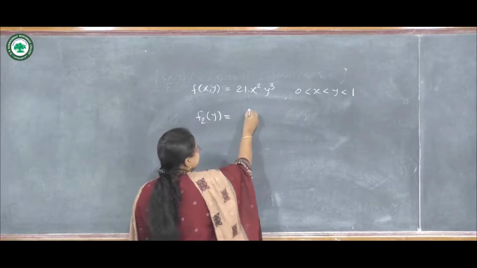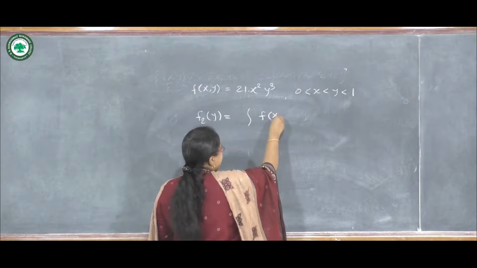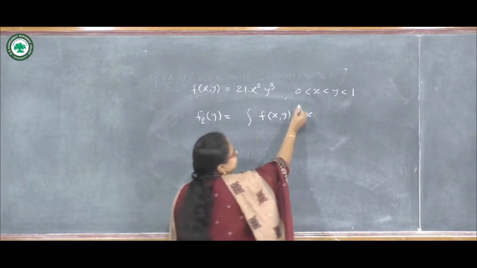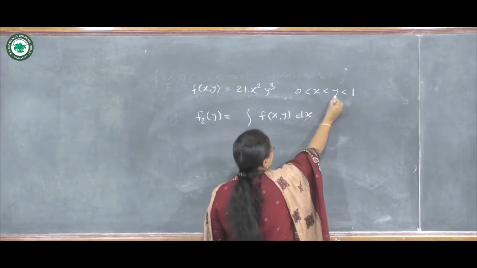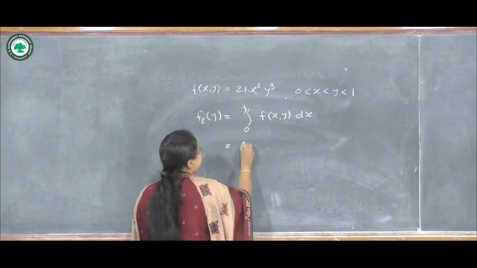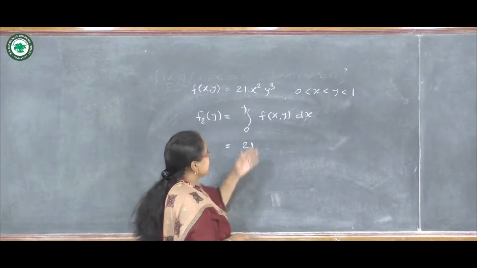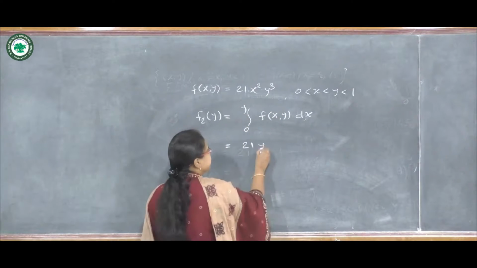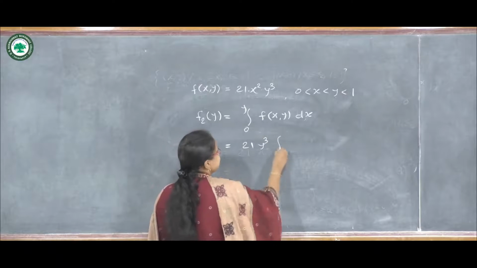f2y. This is integration with respect to x over the range of x. Here the range of x is between 0 to y. So I will write down here 0 to y. And for this integration, this y is constant. So y cube, this term is constant for integration.